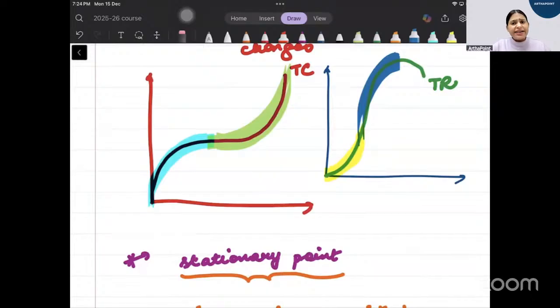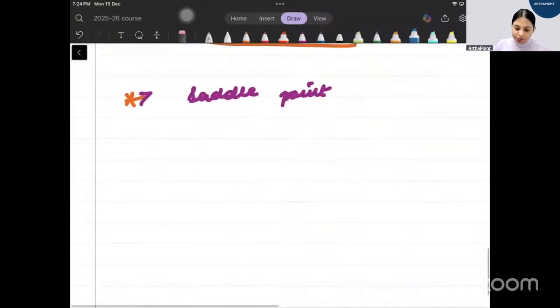So what is a saddle point? A saddle point is a stationary point in a multivariate function that is neither maxima nor minima.